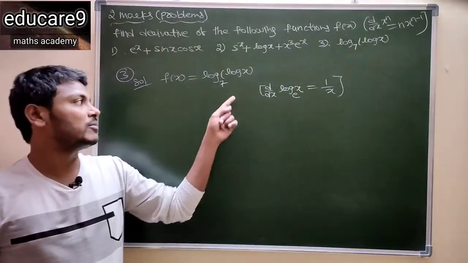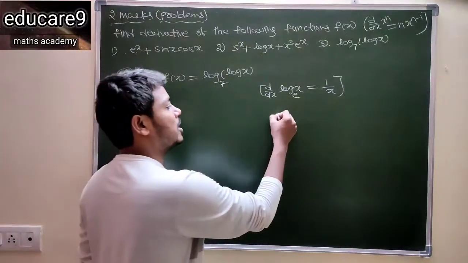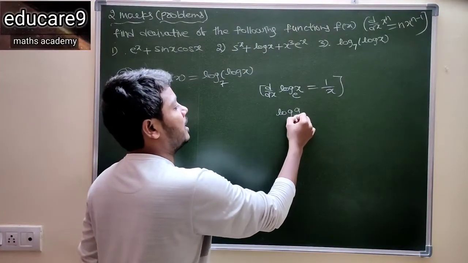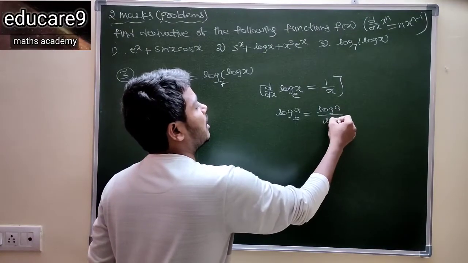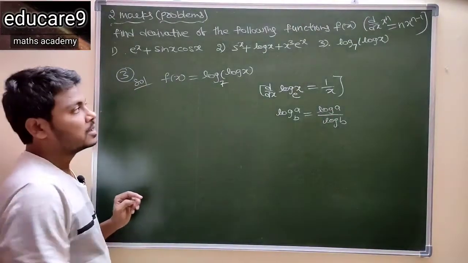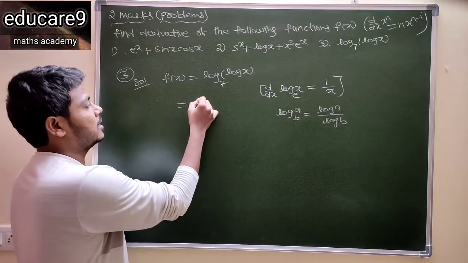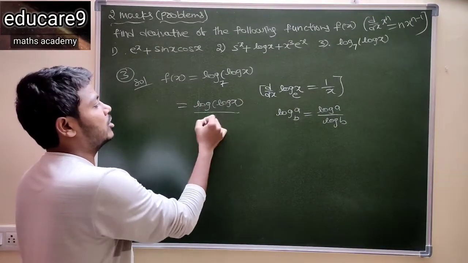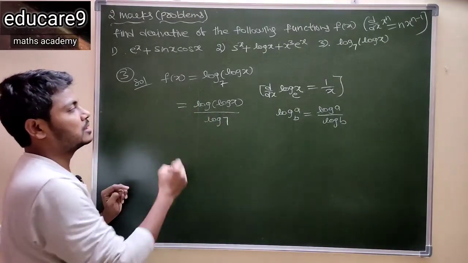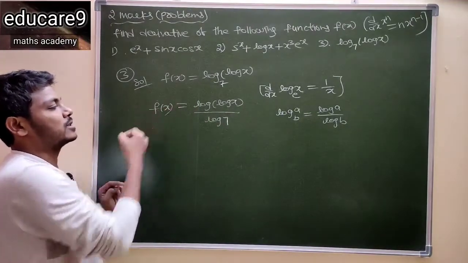So first we have to convert this by applying the log a base b form, that is log a by log b. So here this can be written as log of log x divided by log 7. So this is f of x.